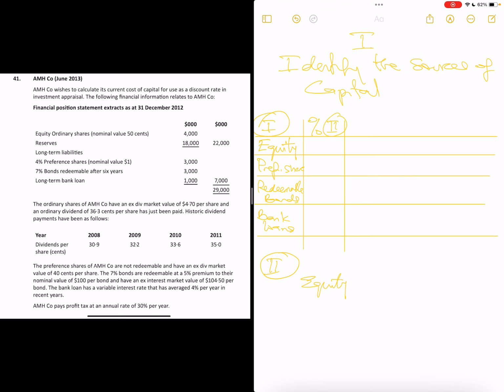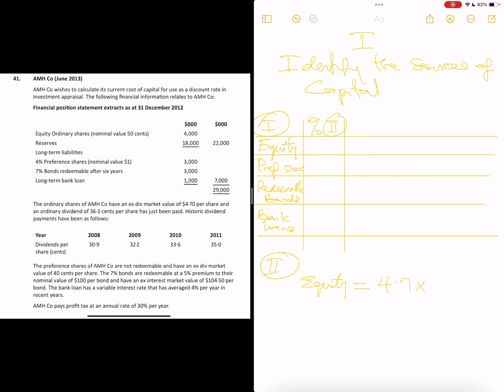So in the question, they give us the price of the share. You can see the ordinary shares is 4.7. So the price of the share is 4.7. Then the question is, how many shares do we have? Equity, ordinary shares. Nominal value is 50 cents, and that gives a book value of share capital of $4 million.